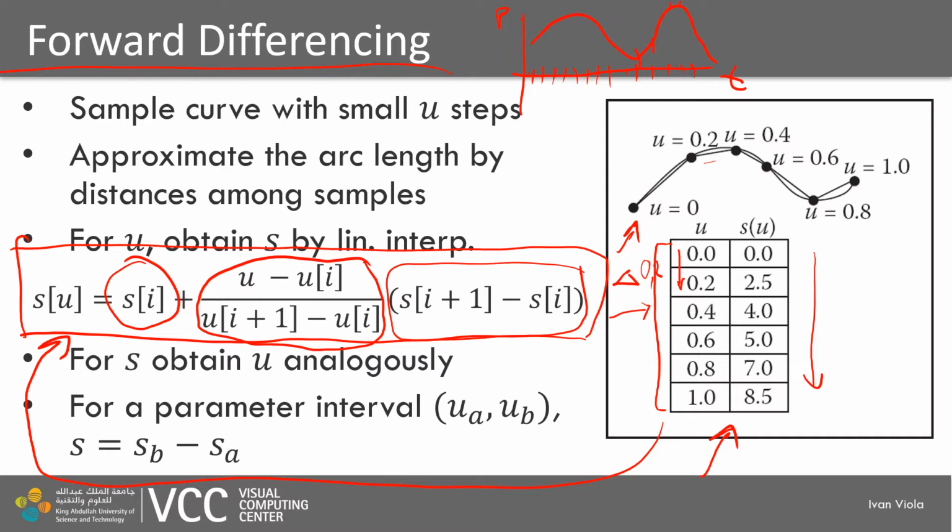So for example, let's say U will be 0.3, and we would like to know the position at 0.3. So how do we calculate it? Well, we need to find the S_i, which will be at U of 0.2, so it will be 2.5.